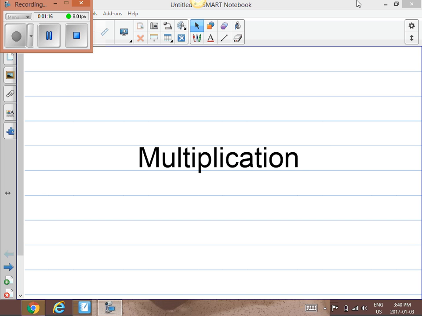So the first one that I'm going to try out with you, just as a bit of a refresher, is some 1 digit by 1 digit multiplication. So the understanding is that in grade 3, in Saskatchewan anyway, we are to learn our multiplication facts up to 5 times 5. In grade 4, it is from 5 times 5 to 10 times 10.